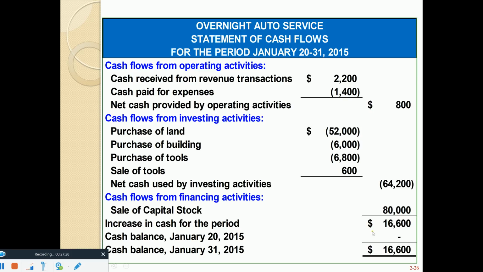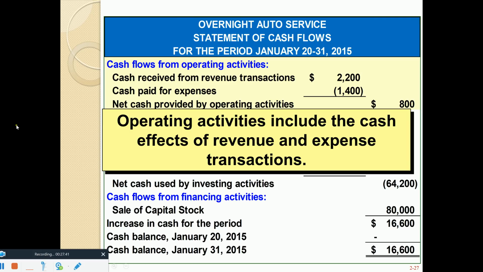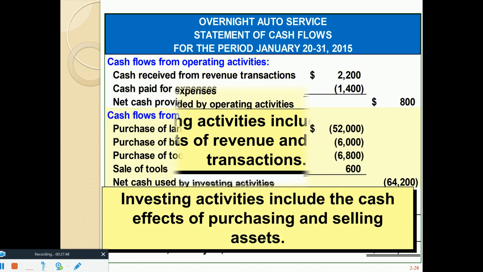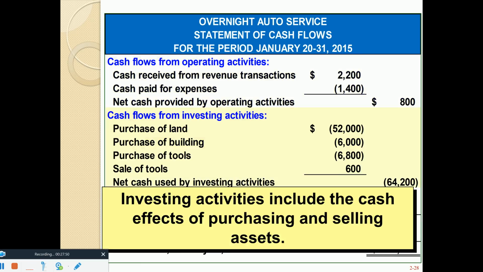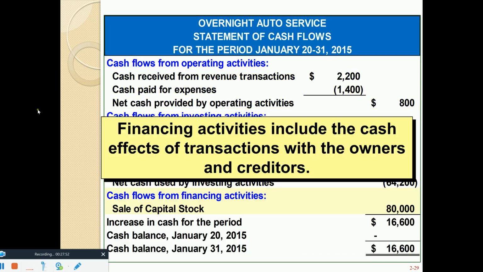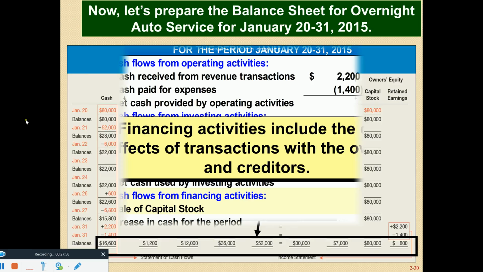And cash at the beginning of January 20th was 0 because it was a brand new company. And this details out how we get from 0 to 16,600. The cash flow statement will be broken up into 3 categories: operating activities, investing activities, and financing activities. Once again, we're going to save the details for later on in the course.